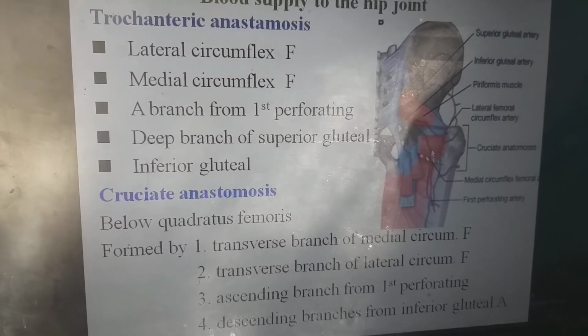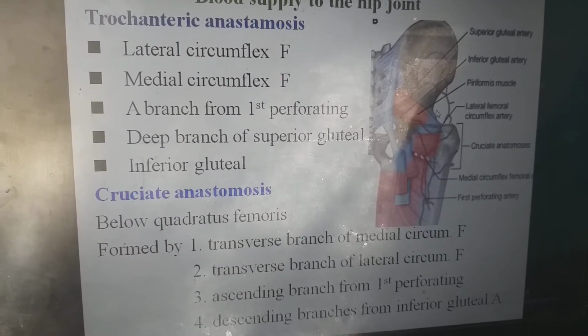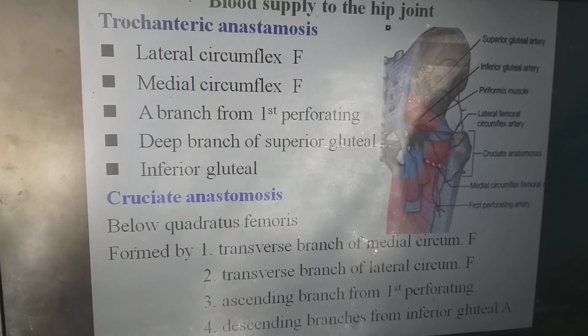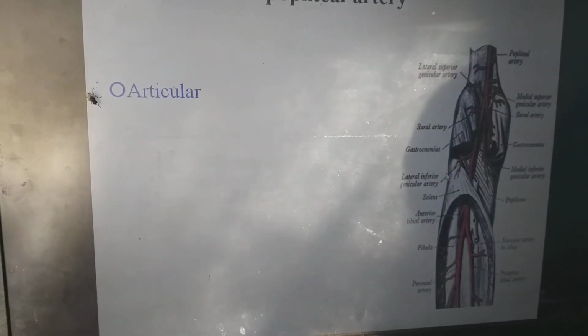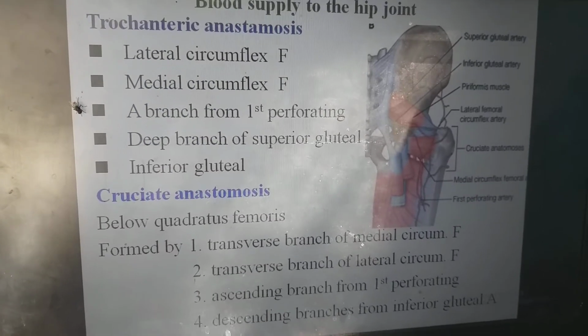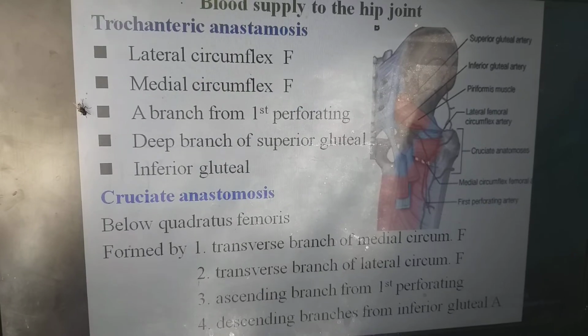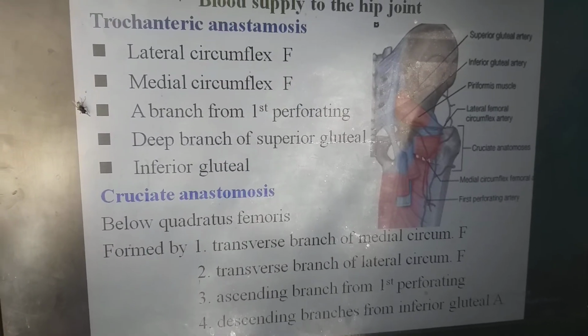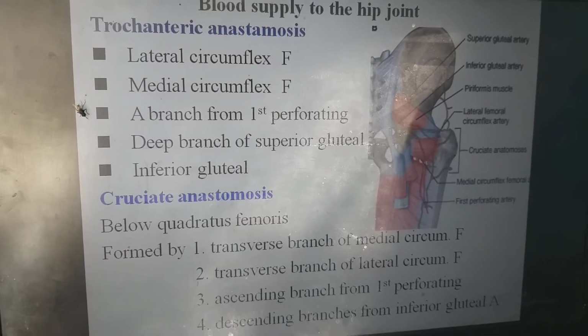So this special anastomosis here, trochanteric anastomosis, there are five major arteries that come together to form the anastomosis, but for cruciate there are only four. So which ones form trochanteric anastomosis? Lateral circumflex, medial circumflex, a branch of first perforating, the deep branch from superior gluteal artery, and inferior gluteal artery.